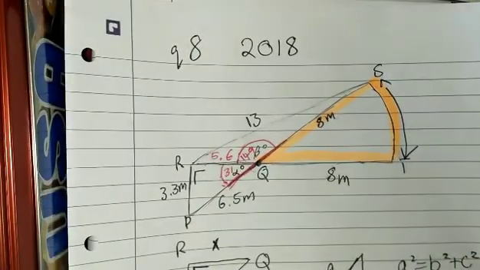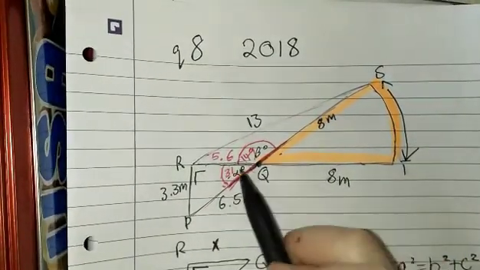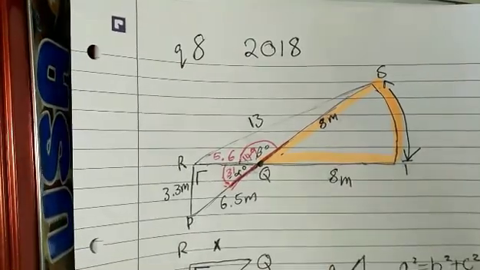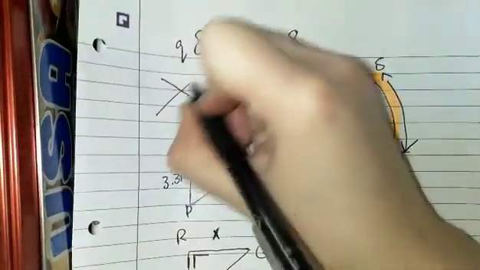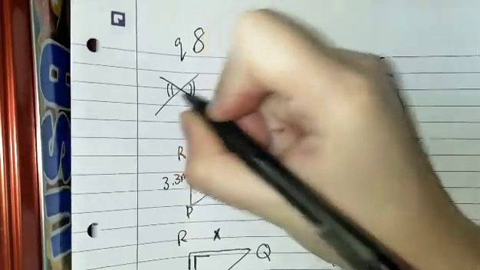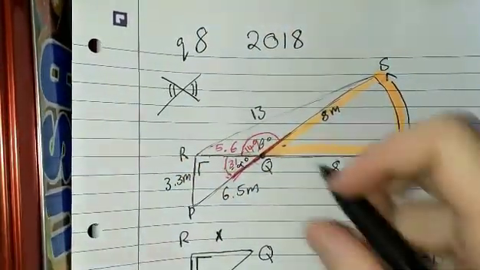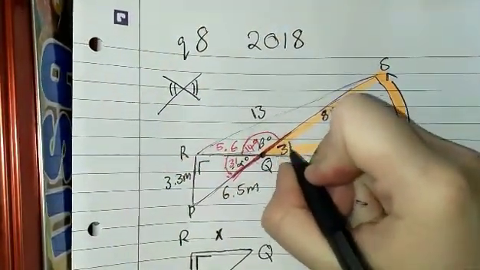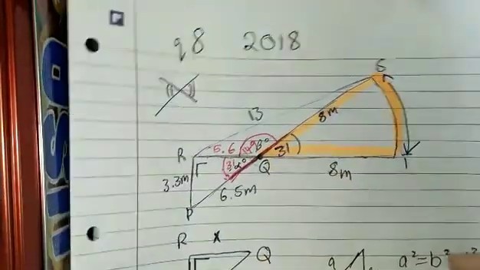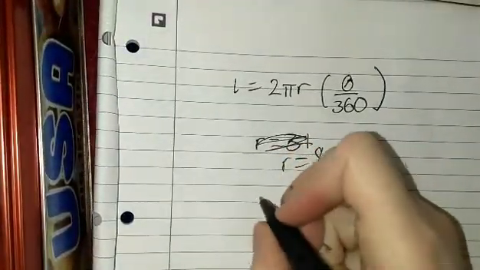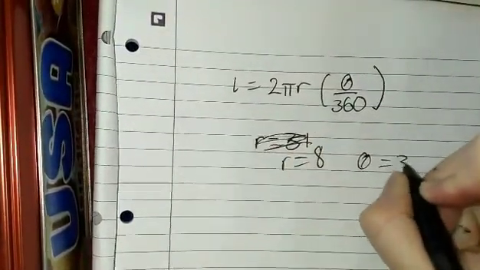I can see that this angle here and this angle are vertically opposite angles, and vertically opposite angles are equal in measure. So this angle here is also going to be 31. So now my angle is 31.